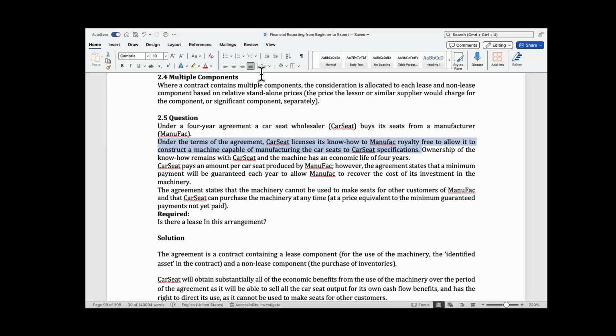Royalty free, that is without any consideration, so that the manufacturer can construct a machine that is capable of manufacturing the car seat to the Car Seat specification.